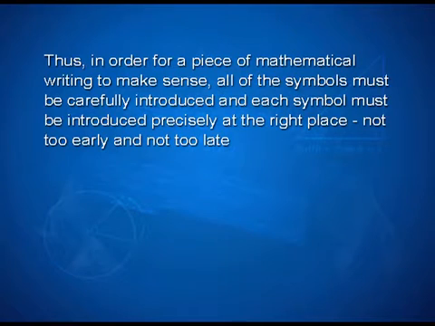Thus, in order for a piece of mathematical writing to make sense, all of the symbols must be carefully introduced and each symbol must be introduced precisely at the right place, not too early and not too late.